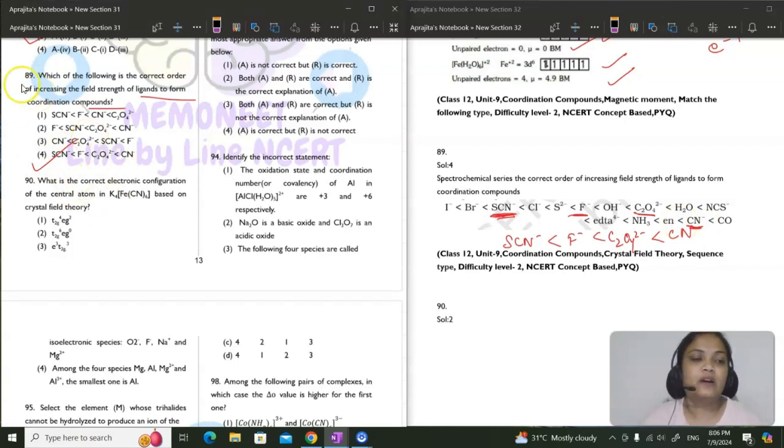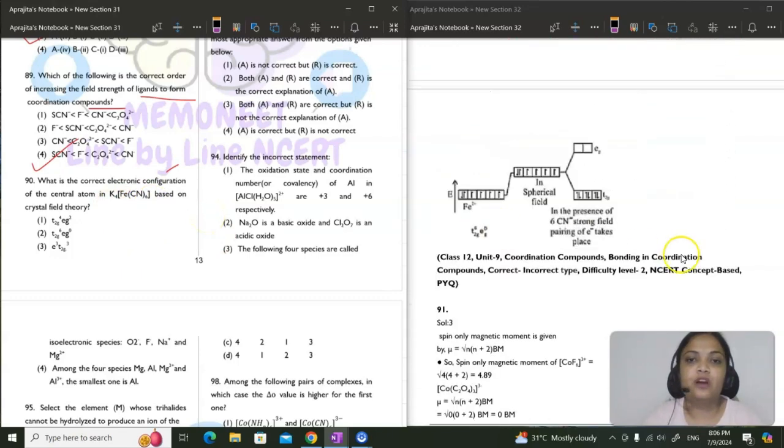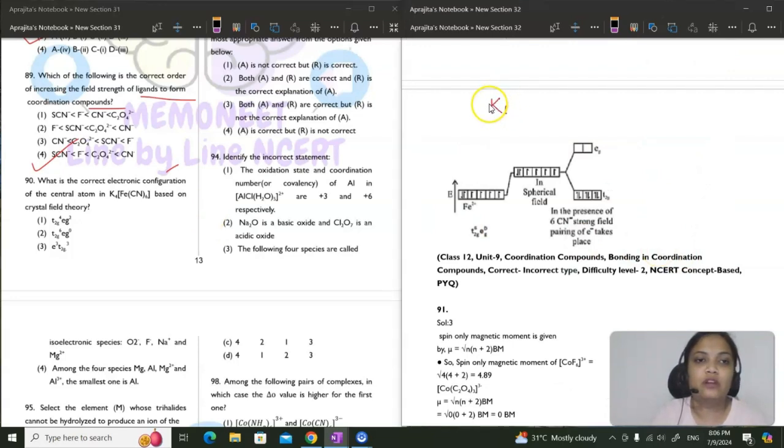All right. Now next is, what is the correct electronic configuration of the central atom in K4[Fe(CN)6] based on the crystal field theory? Okay. Now K4[Fe(CN)6] means iron is in +2 oxidation state. +2 oxidation state means 3d6.